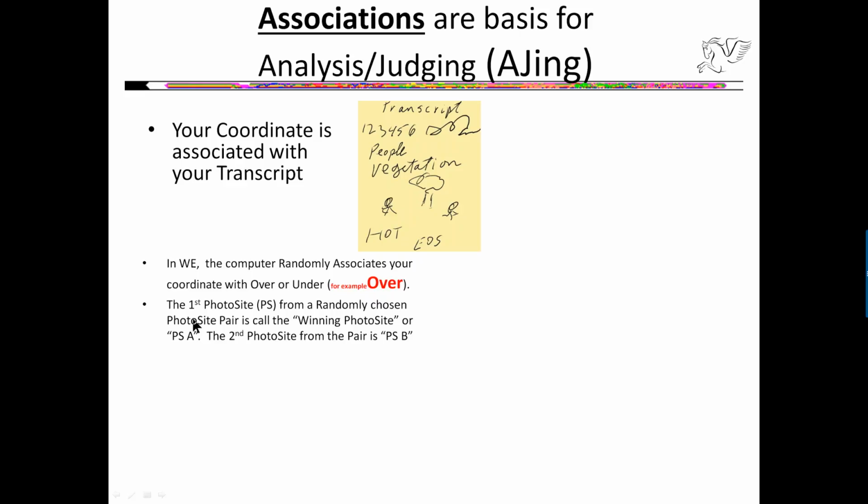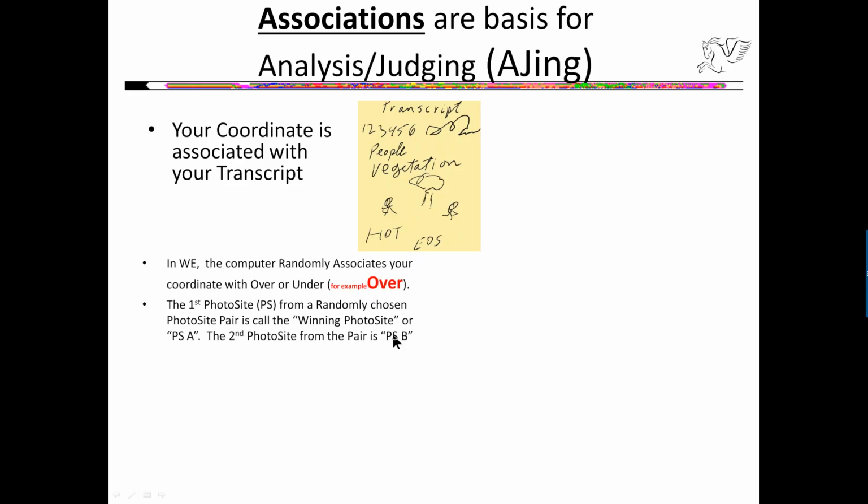Now, in WE, the first of the two possible photos, and they come from a random set of like 800, they're pre-chosen. The very first one is considered the winning side. So we call that photo site A, or actually the winning photo site. And you'll see in a moment what I mean by that. The second photo site is photo site B.